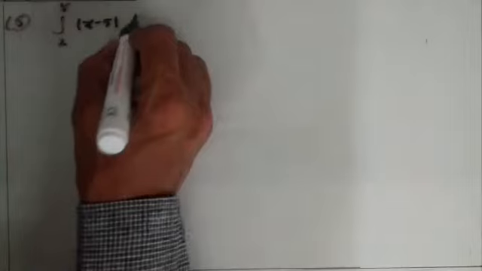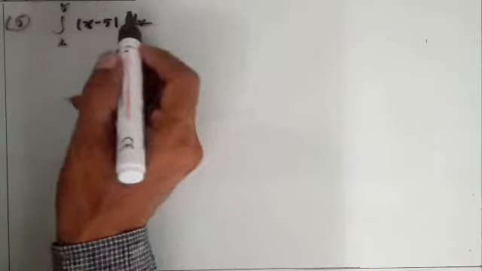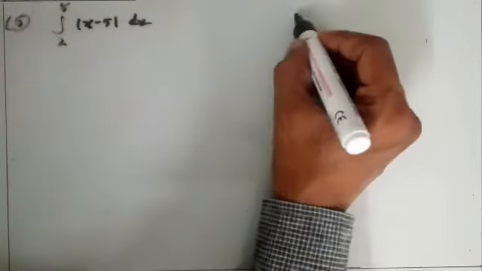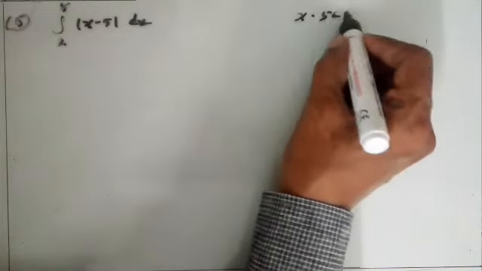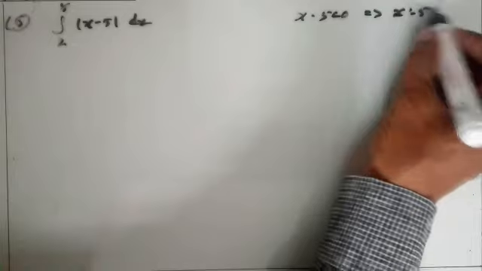Now question number 6. Integral from 2 to 8 of mod of x minus 5 dx. Put x minus 5 equal to 0. This implies x is equal to 5.